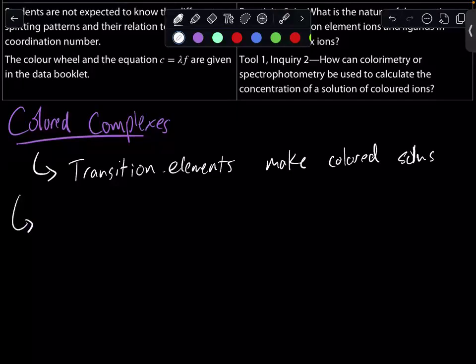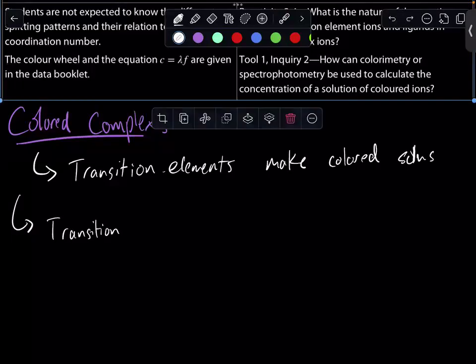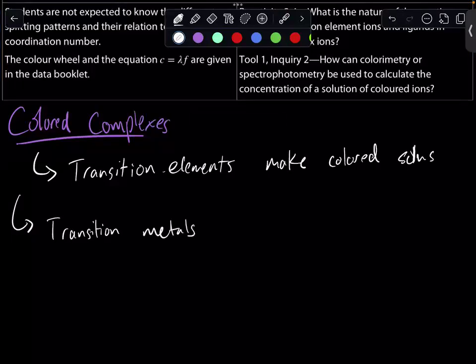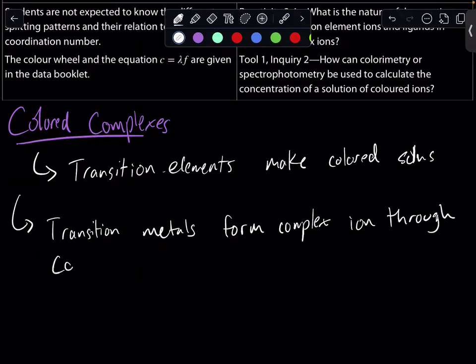Well, the first thing we need to remember is from an earlier section when we talked about complex ions: transition metals will often form complex ions. And this is through coordination bonds with ligands.